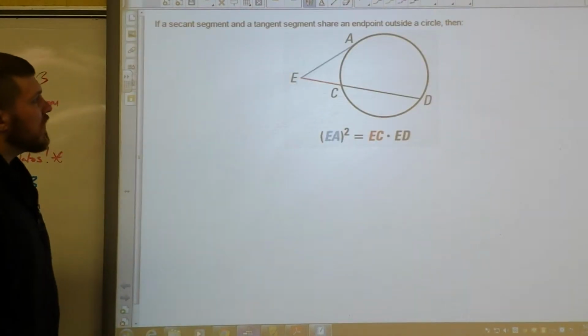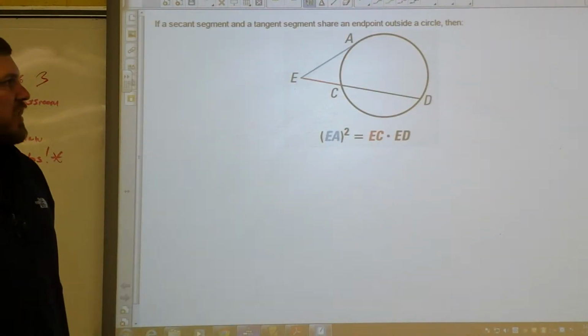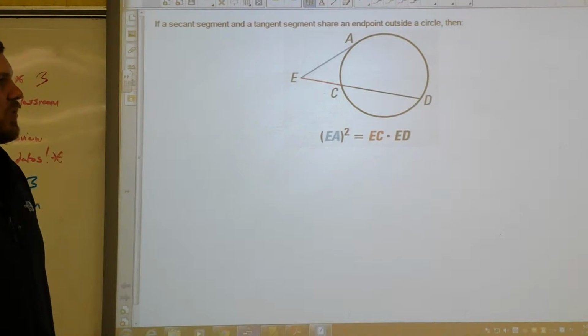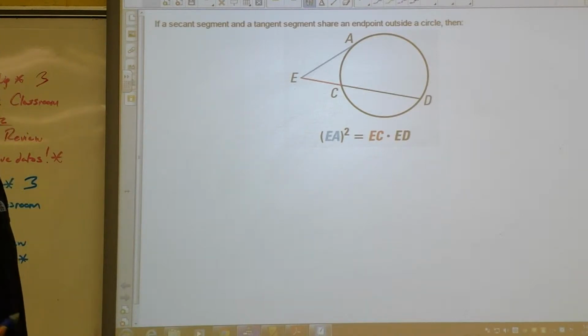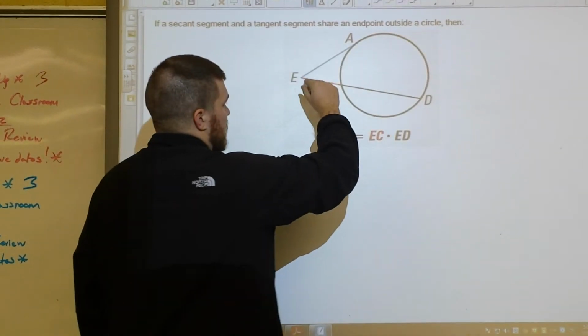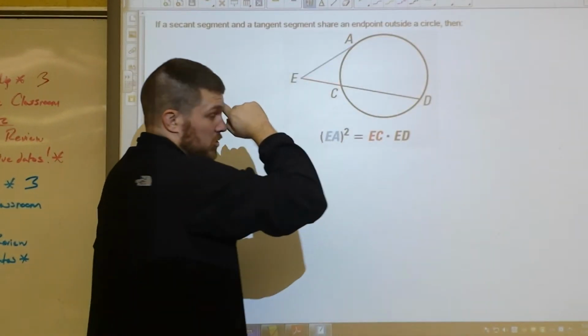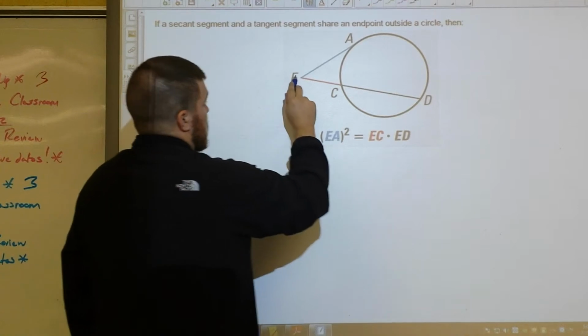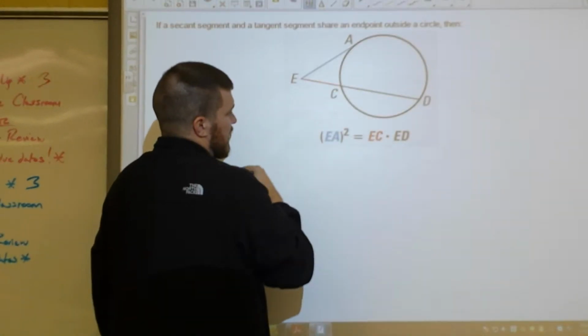Let's keep going. If a secant segment and a tangent segment share an endpoint outside the circle, then we have a new rule. EA is a tangent segment because it touches the circle in one spot. ED is a secant segment.